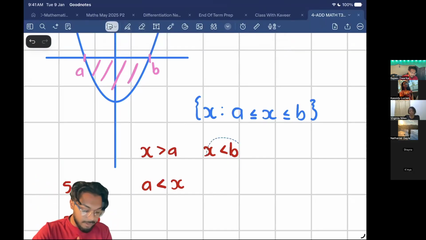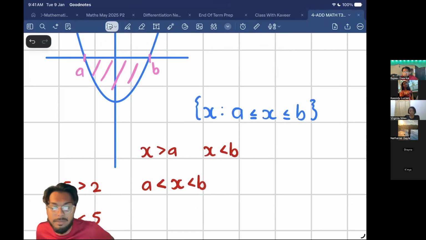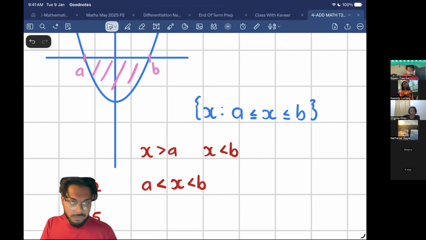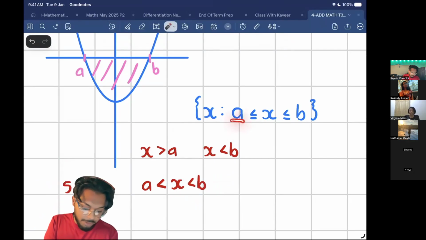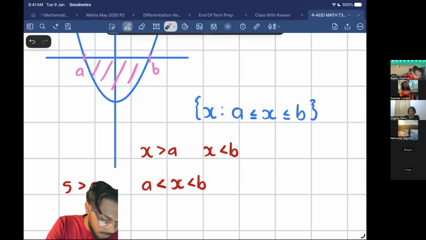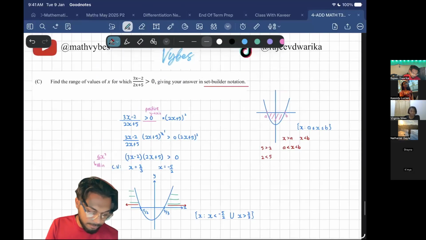So I hope all of you can see it now. That's where they get it from, right? So anytime your solution is in between two values, you're going to put the smaller value here, less than or equal to x, less than or equal to the bigger value, right? All right, I gotta move on.